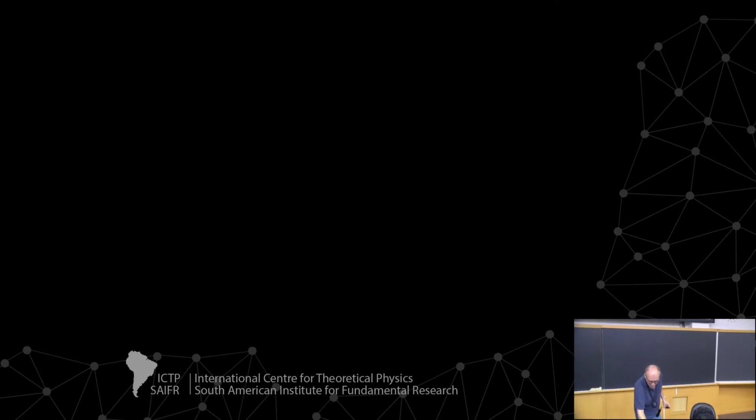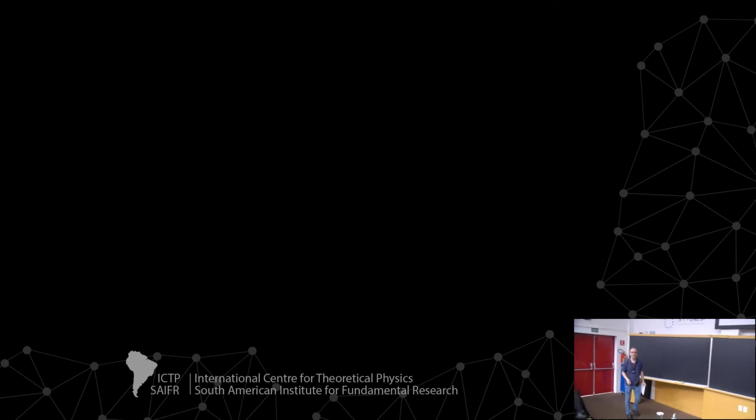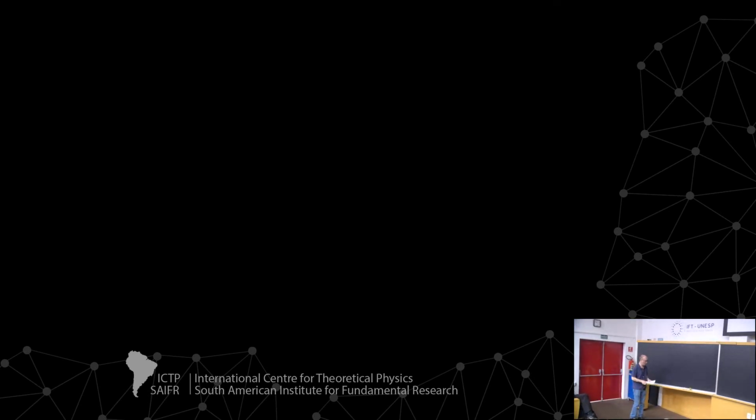But for now, let me switch gears and start to look in a little bit more detail at the kind of puzzle suggested by some of these experiments on elastic properties of these networks.